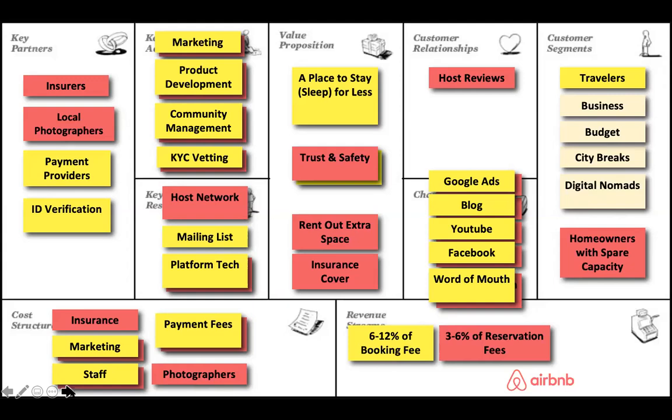And what that means is that we're questioning the fundamental principles behind the way different industries work and changing the rules of the game. And that's what business model innovation really means.